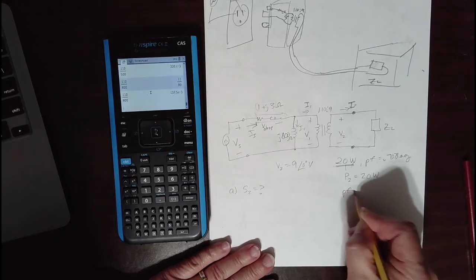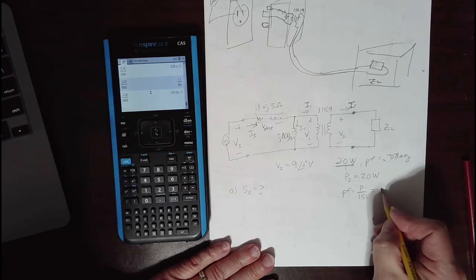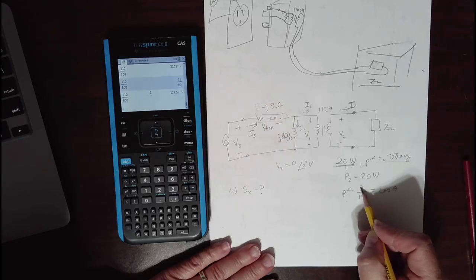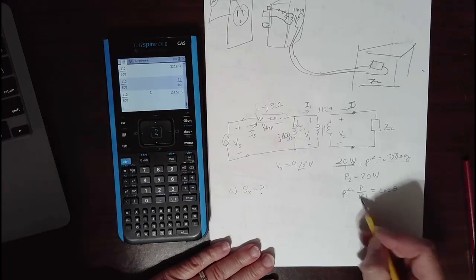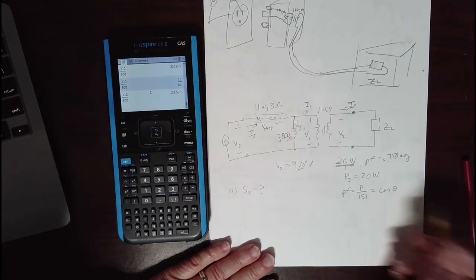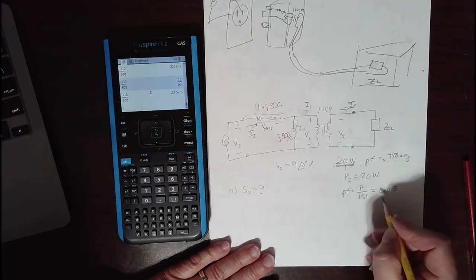Power factor, we have two different equations for it, maybe more. The power factor is the real power over the apparent power, the ratio of the real power to the complex power magnitude, and it's also the cosine of the power angle.